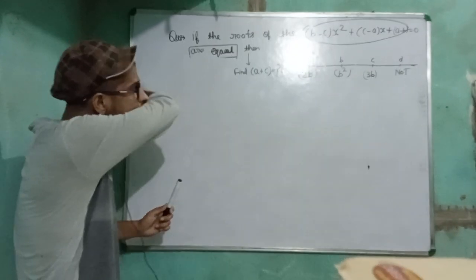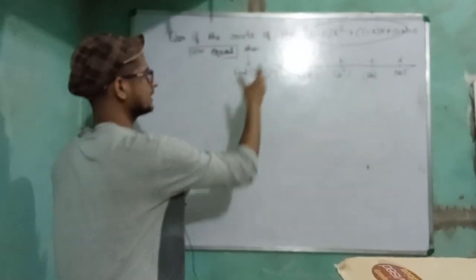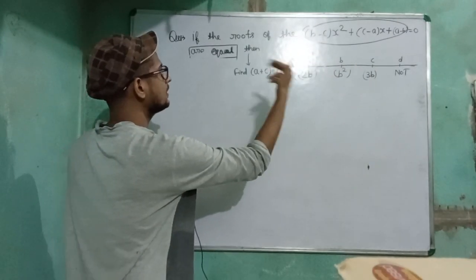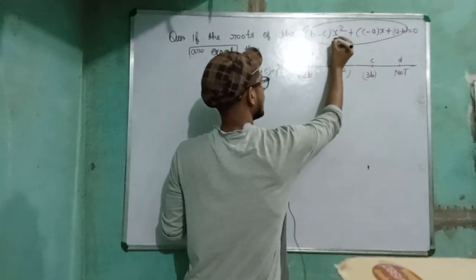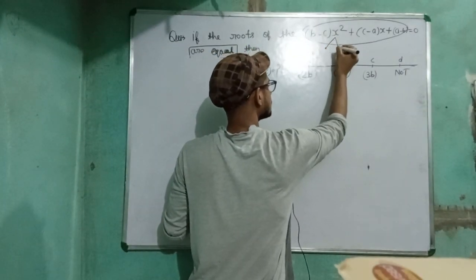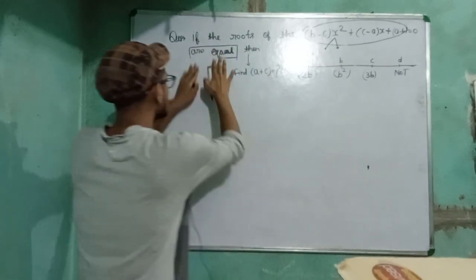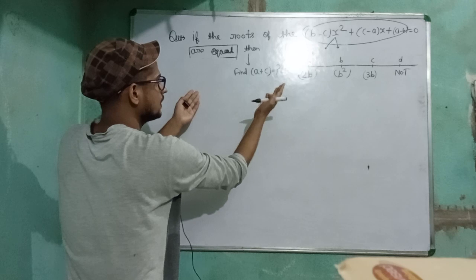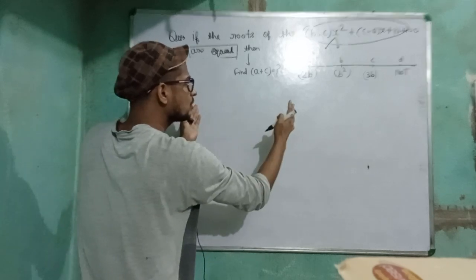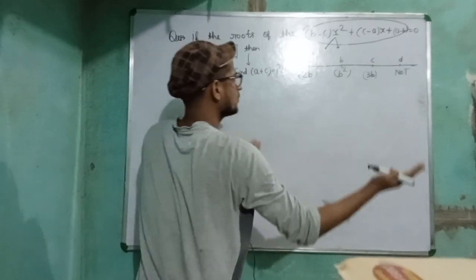So what is given to you? A quadratic equation, and there is information that roots are equal. A quadratic equation has at most 2 roots, but here the roots are equal, and this is the nature of the roots: equal roots, real roots, or non-real roots.